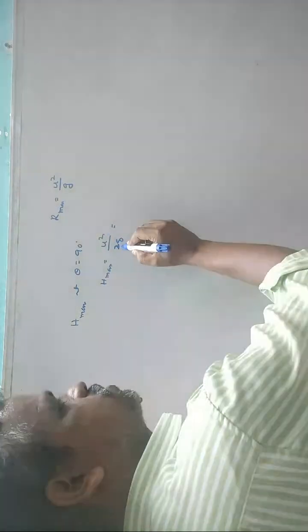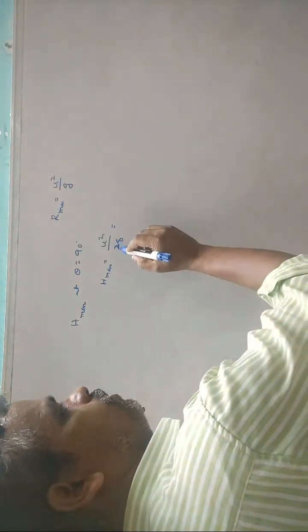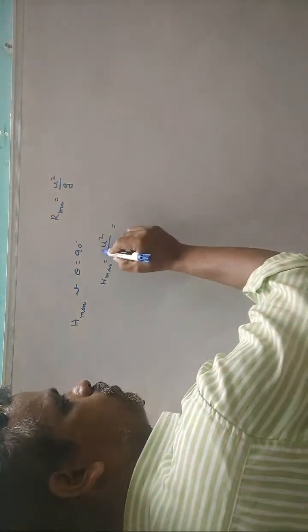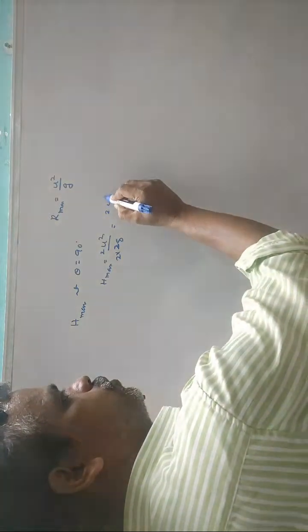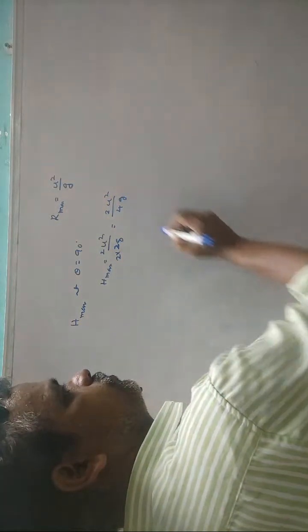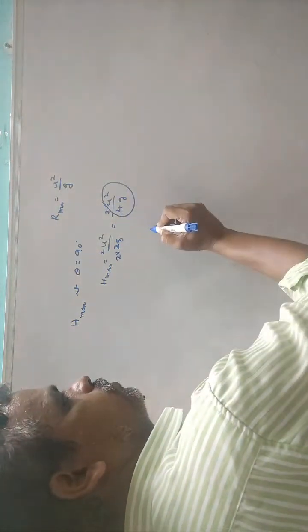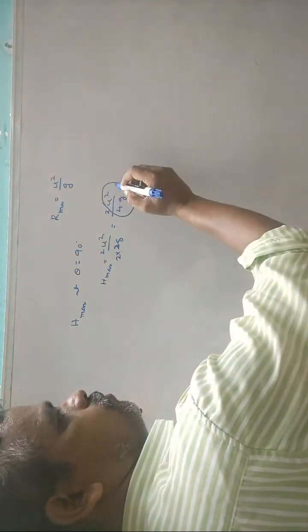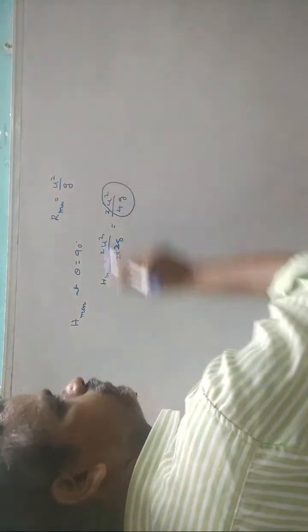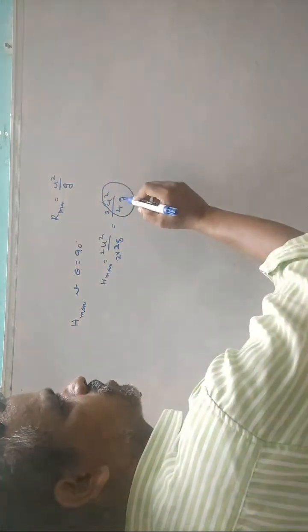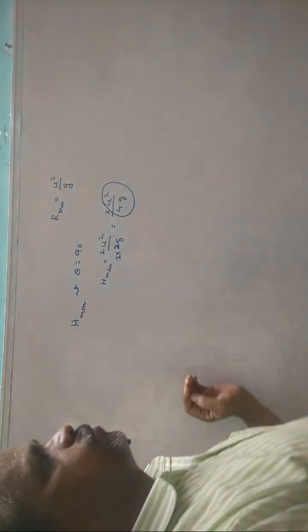So we can substitute here. H max equals u square by 2g, and R max equals u square by g.